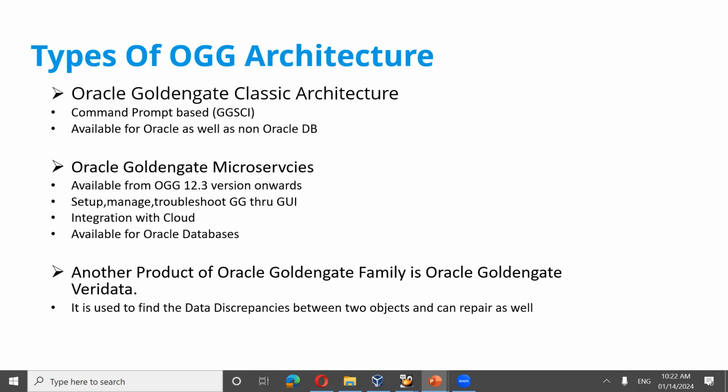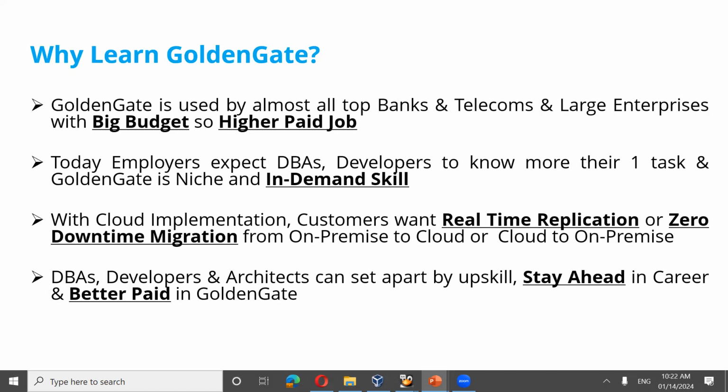Now, there is one more thing. So these are the technical reasons. I'll tell you the financial reasons why you should be learning Goldengate. One of the reasons why Goldengate is very widely used nowadays is that organizations sign an end user license agreement with Oracle.